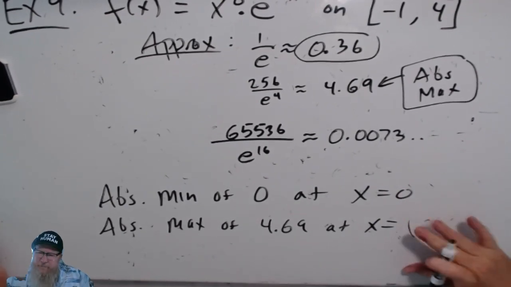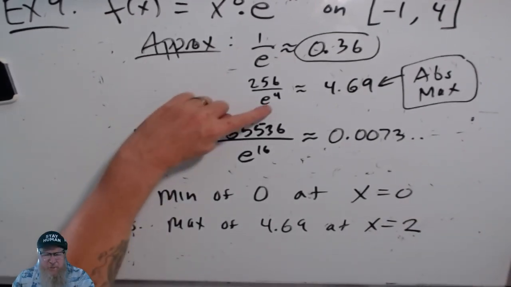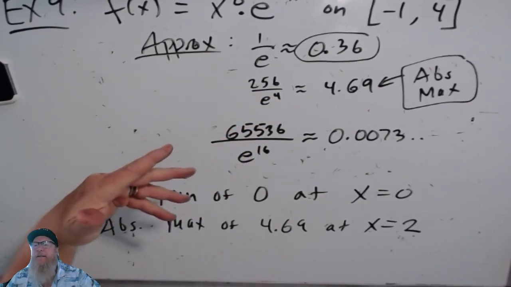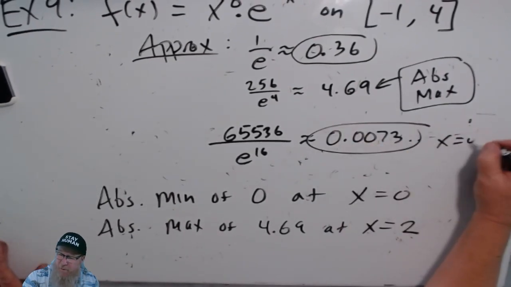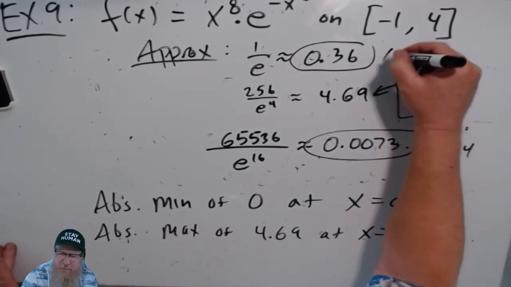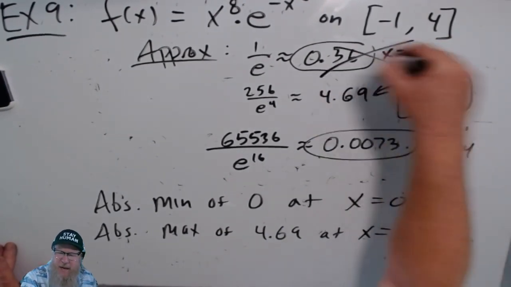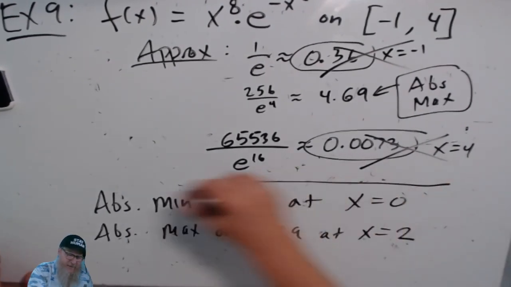No, 2. 4 was what the power came out to be after I plugged it in. All right. So this one was x equals 4. This one was x equals -1. So those ones did not win. Yeah, and then these are the winners.